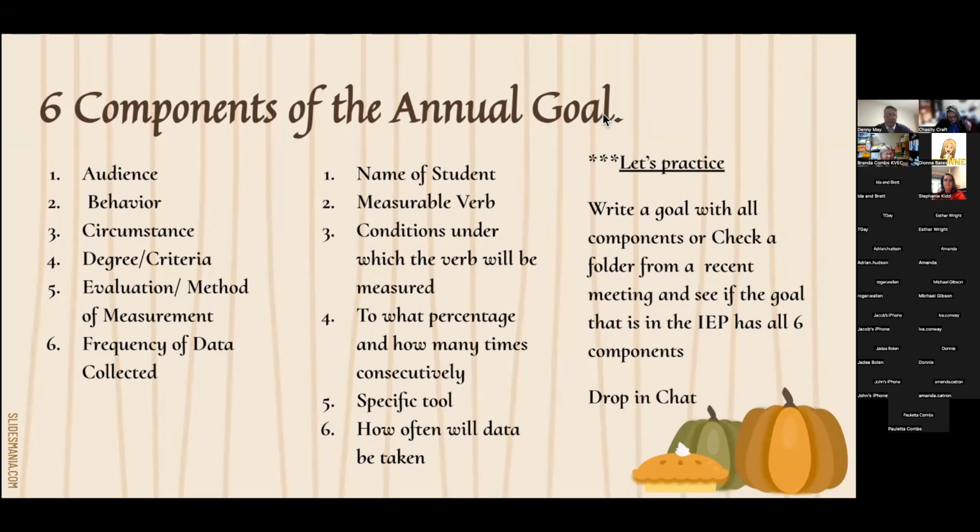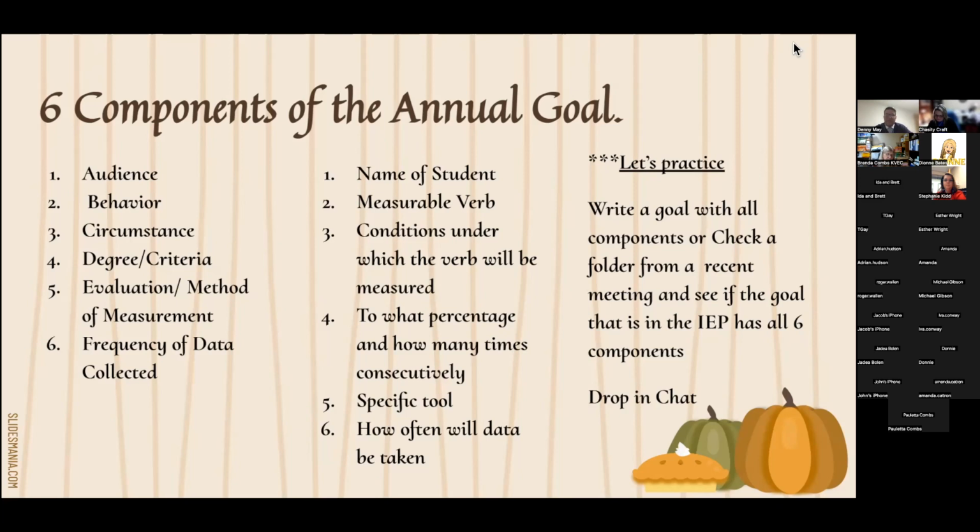Let's practice for a second. Let's write a goal with all the components, or let's check our folder from a recent meeting, if you've got a folder handy, and see if the goal in the IEP has all 6 components. But now this is really important. This is a big piece: having that link back to your baseline.